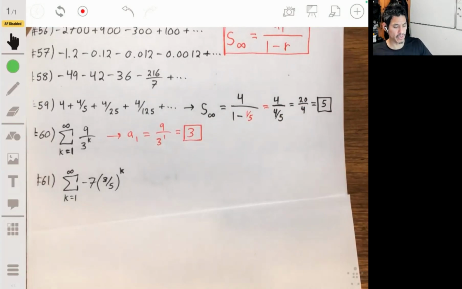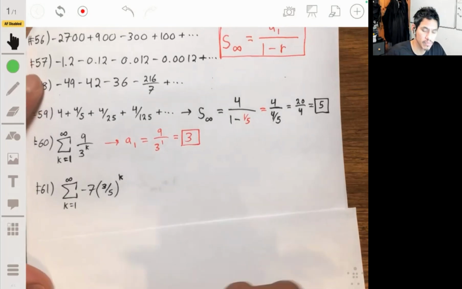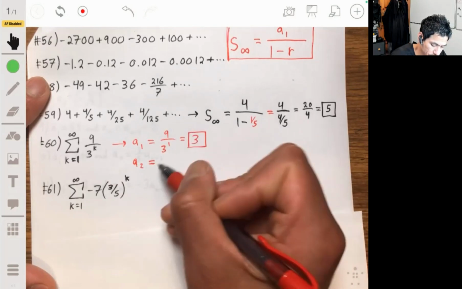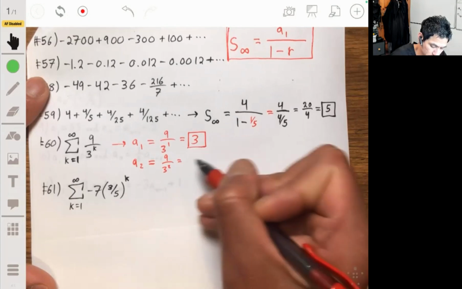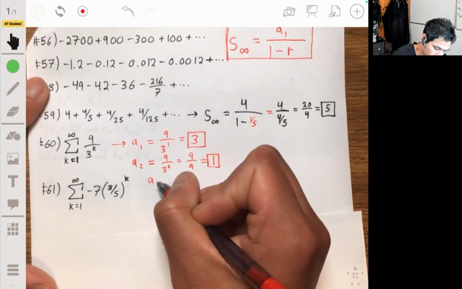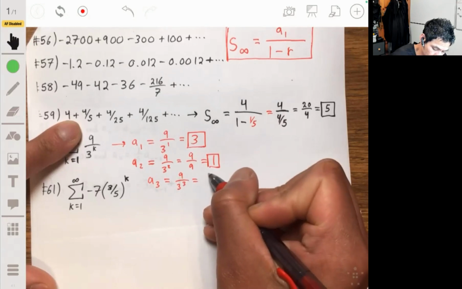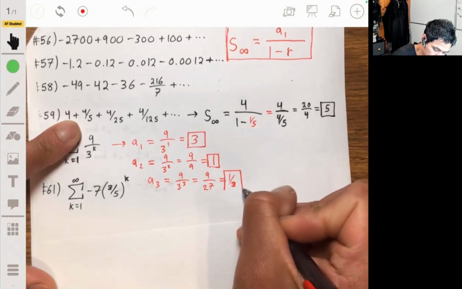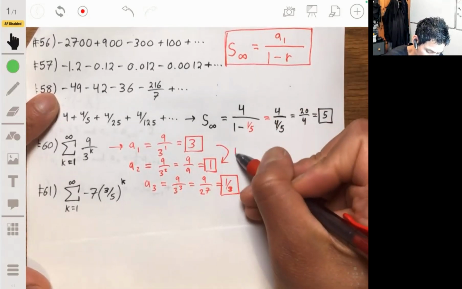And the R is not so obvious because we're not given it in this notation, but you can still find it by figuring out what A2 is and what A3 and A4 if you need to. A2 will just be 9 over 3 squared, which will just be 9 over 9, which will just be 1. A3 will then be 9 over 3 cubed, which is 9 over 27, or just 1/3. So now that you're generating a couple of terms, you can see more easily that R is just going to be 1/3.